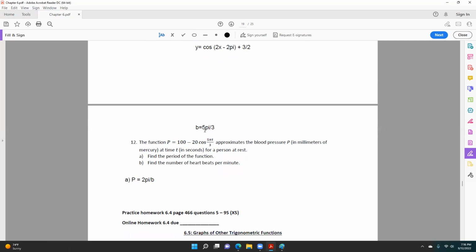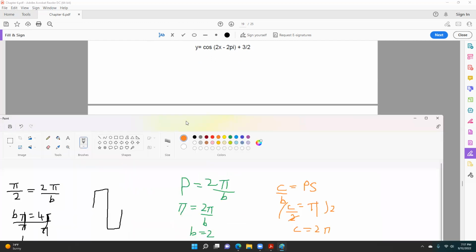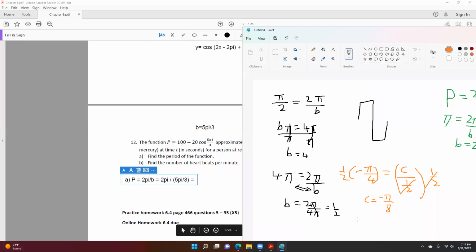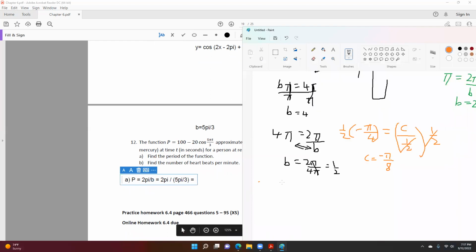So what you need to do is put this inside the formula. So this is 2 pi divided by 5 pi over 3. As usual, I'm going to show you in this way so you guys can see it.